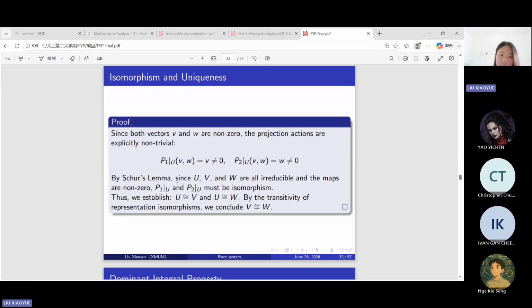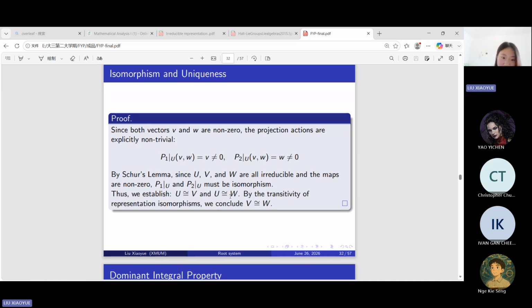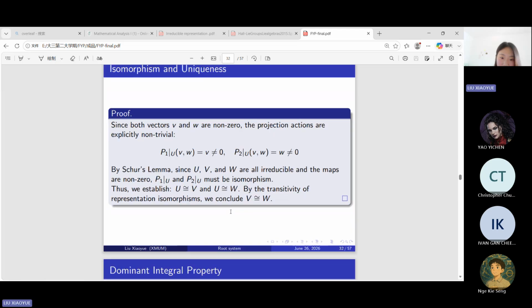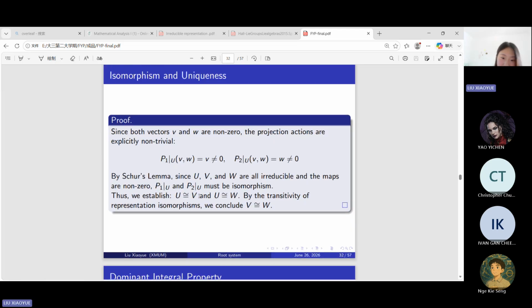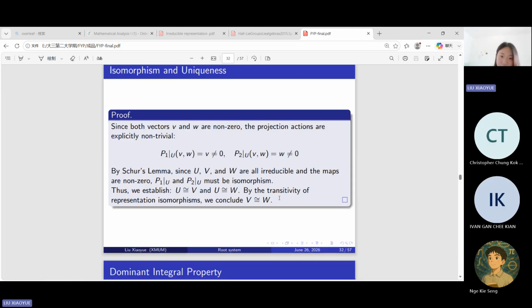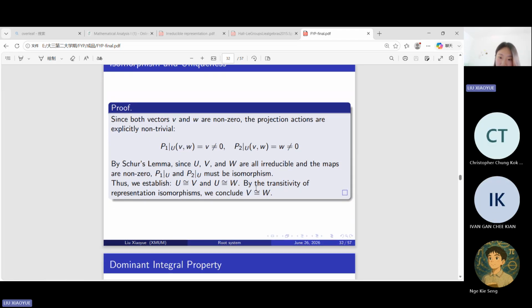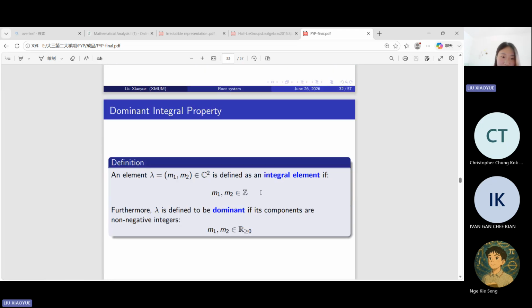By Schur's lemma, since U, W, and V are all irreducible and the maps are non-zero, they must be isomorphisms. So U is isomorphic to V and U is also isomorphic to W. So by transitivity, we know that V is isomorphic to W.